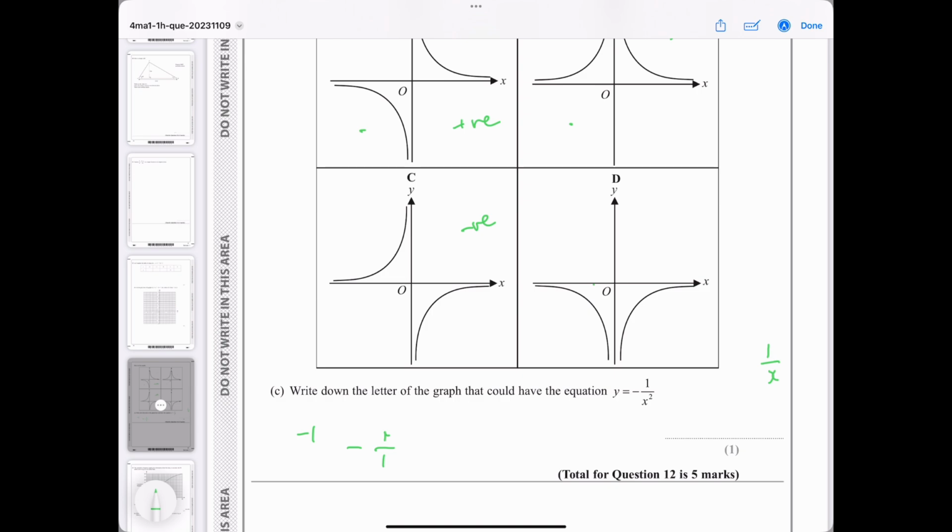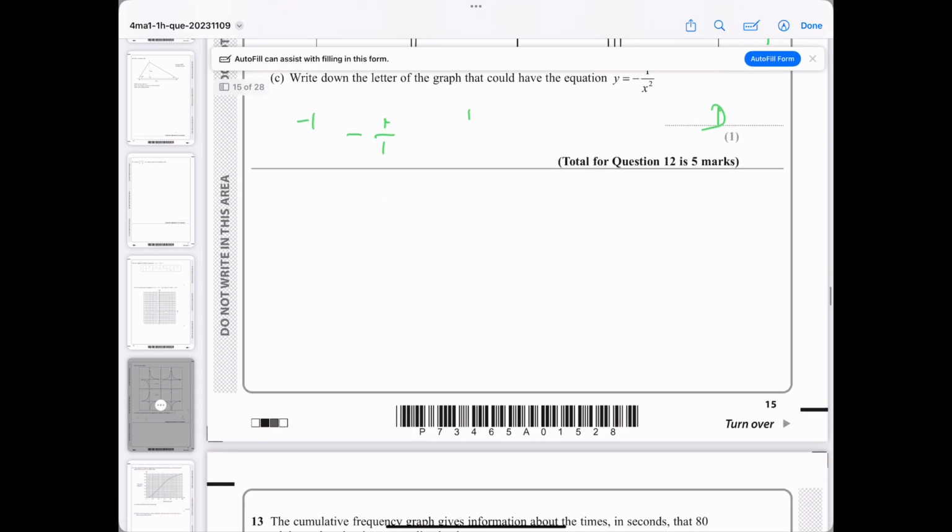So if we're here, that means it can only be there. It's either got to be that one or that one. I know it's not that one, but let's try it. 1 would be 1 squared, so it would also be negative 1. So it's actually D. If you can't see the answer, put in a couple of values and you'll see how they read off.